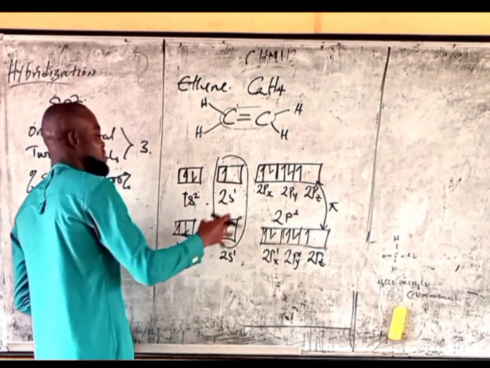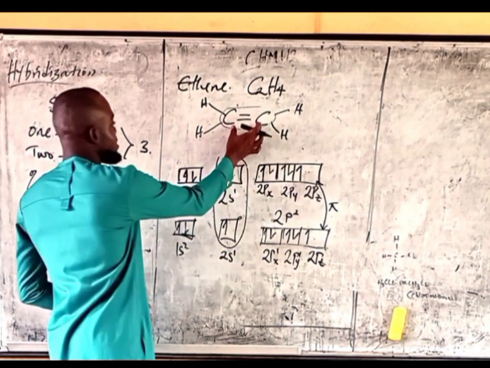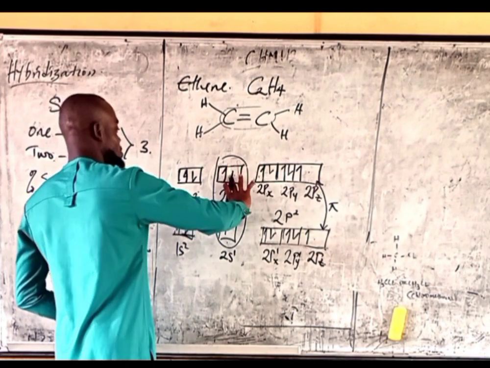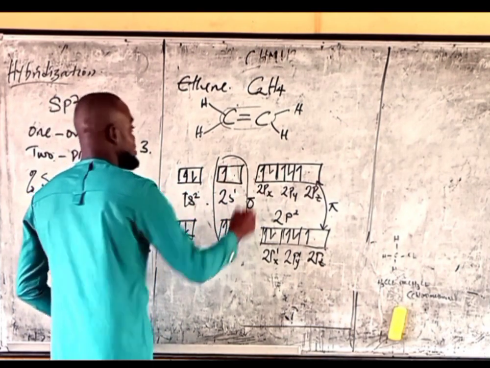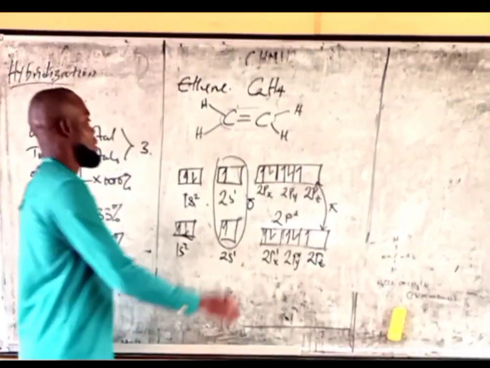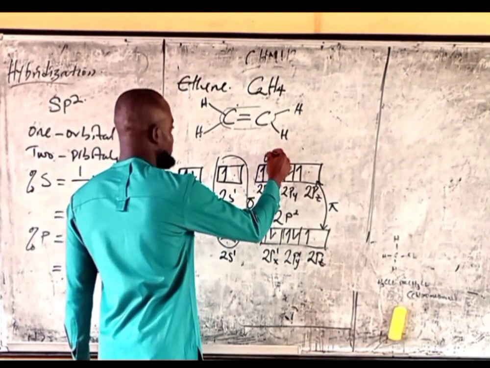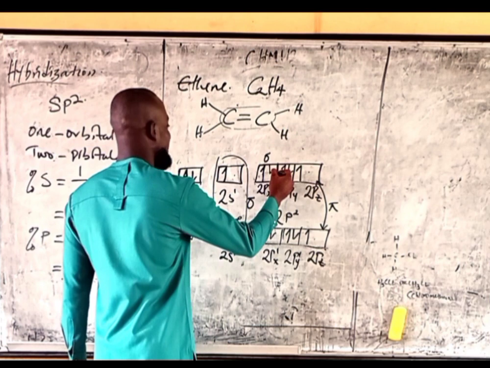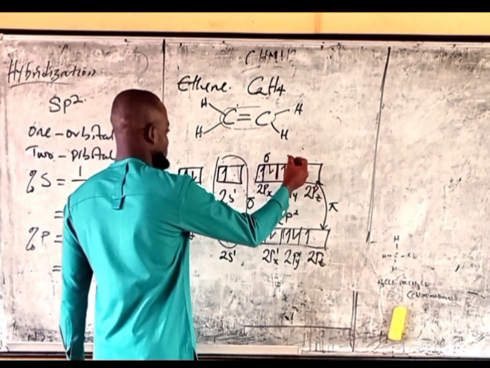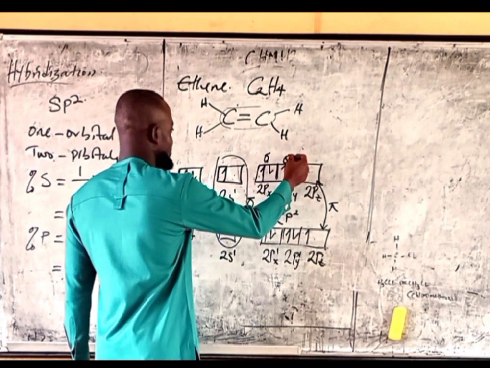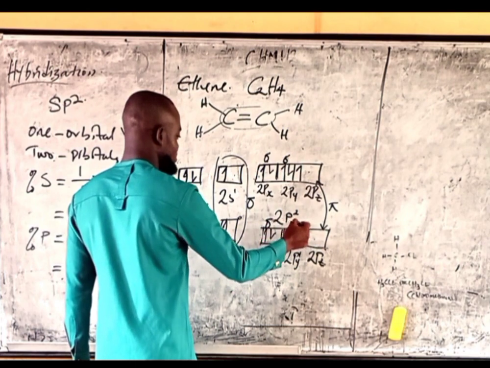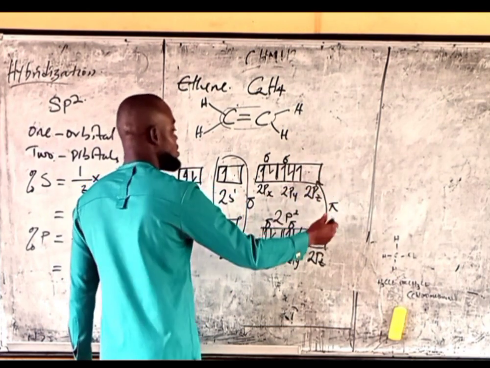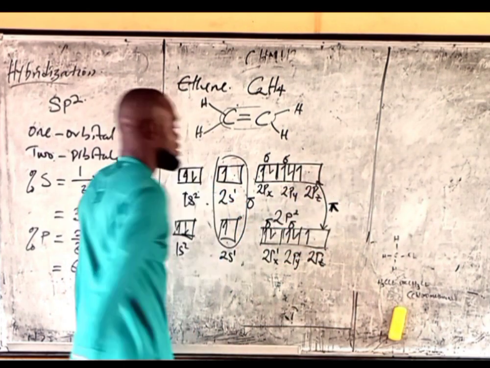These two carbon atoms will combine to form a sigma bond there. So hydrogen and carbon, that is s orbital and p orbital, is going to form a sigma bond. So sigma bond, sigma bond, sigma bond. Then this and this will overlap to form a pi bond.